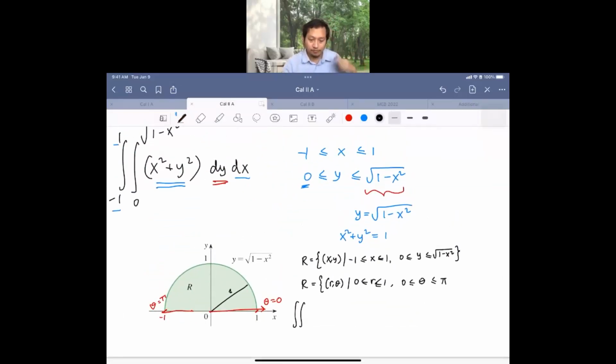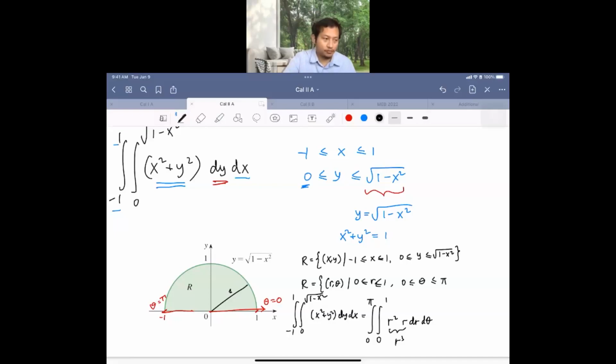It becomes, from -1 to 1, 0 to square root of 1 minus x squared, x squared plus y squared dy dx. So we write first 0 to pi, the second 0 to 1, and x squared plus y squared is r squared. dy dx becomes r dr d theta, and this will become r cubed.